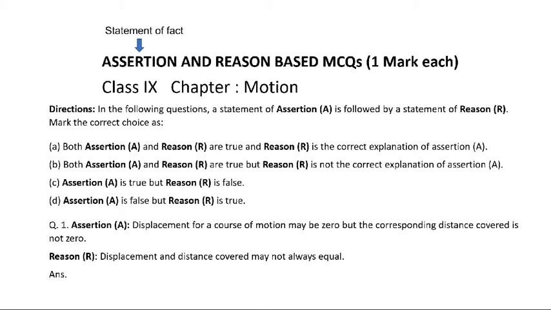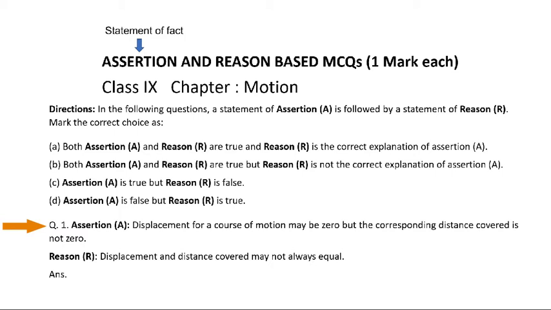And here is the assertion, that is a statement. And what does that statement tell us? Read carefully this statement: displacement for a course of motion may be 0. I'll repeat, displacement for a course of motion may be 0, but the corresponding distance covered is not 0.